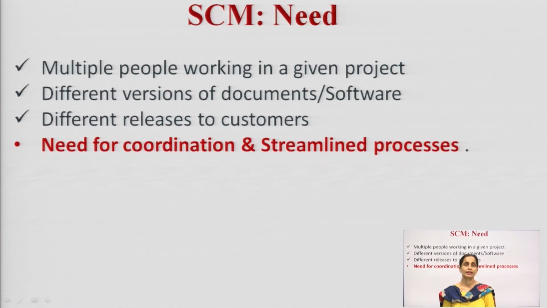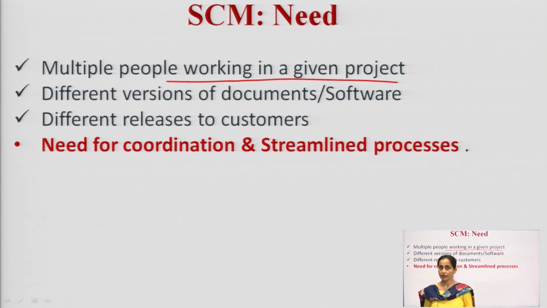Then why is there a need for software configuration management? Because there are multiple people working on a given project. In a software organization, there can be more than 100 or 200 persons working on the same project. So, what does that mean?